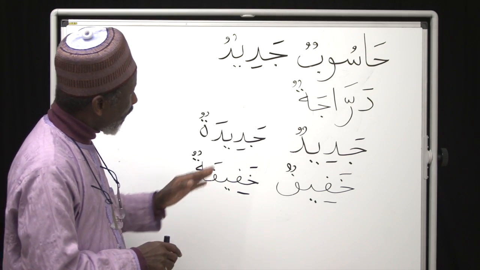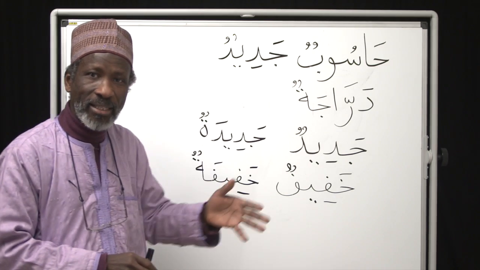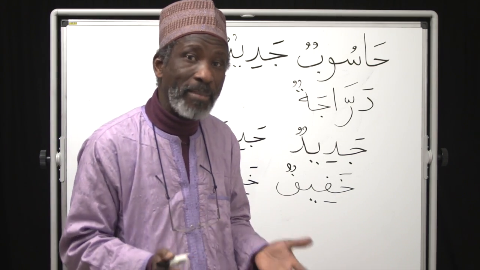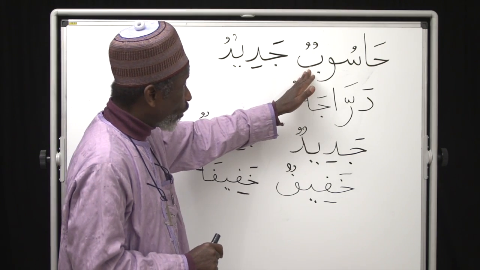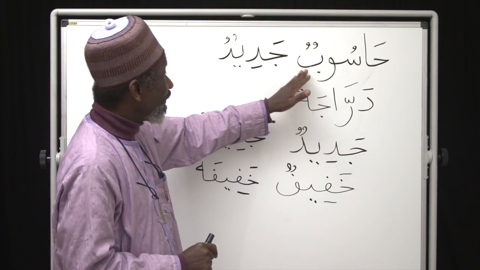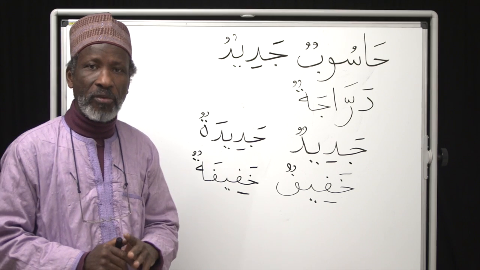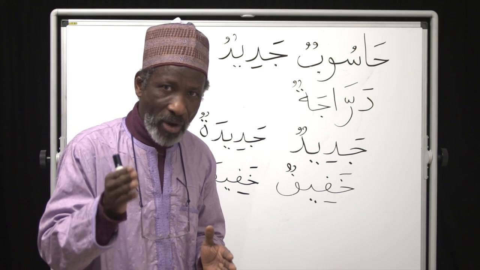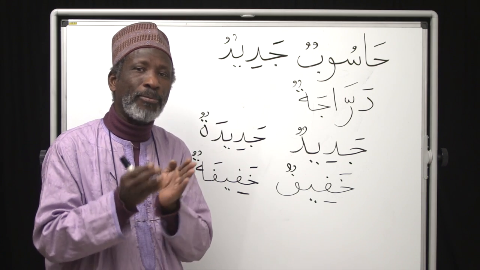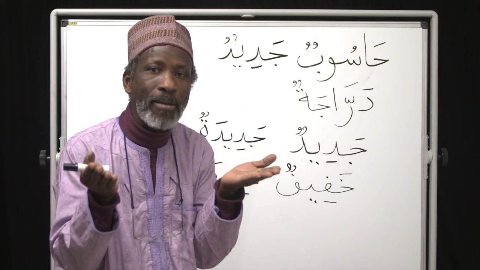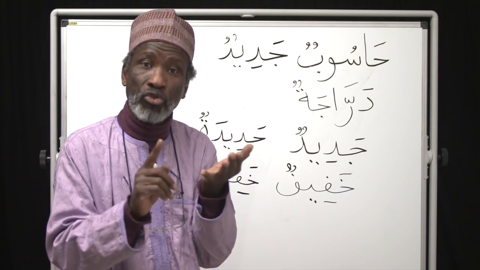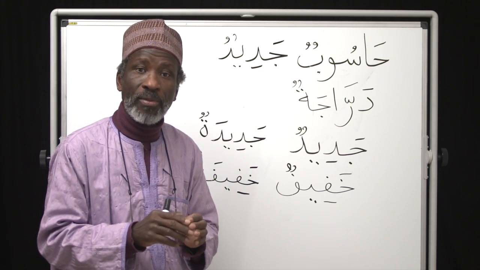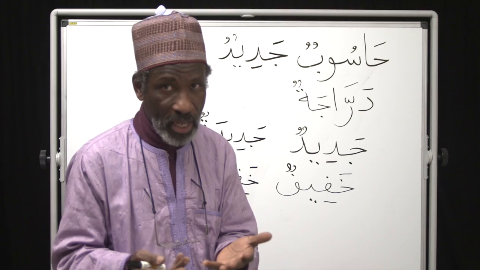Secondly, look at the hasubun. That's the indefinite noun. It's not specific. That's what indefinite means. So hasubun is indefinite. Jadidun is also indefinite, which means the item you are describing and its description must be the same in terms of gender, masculine, and in terms of indefinite or definite.